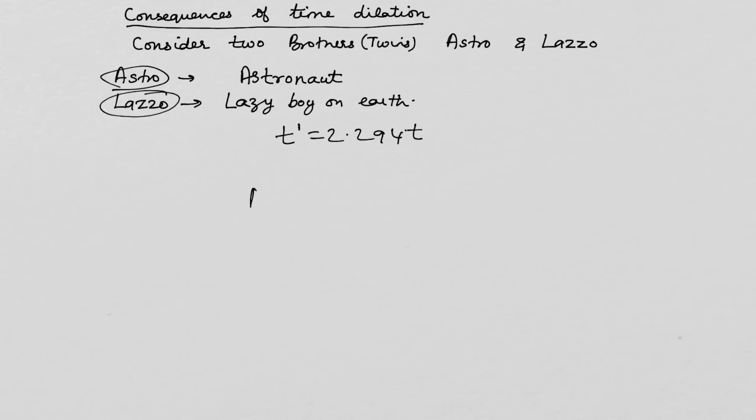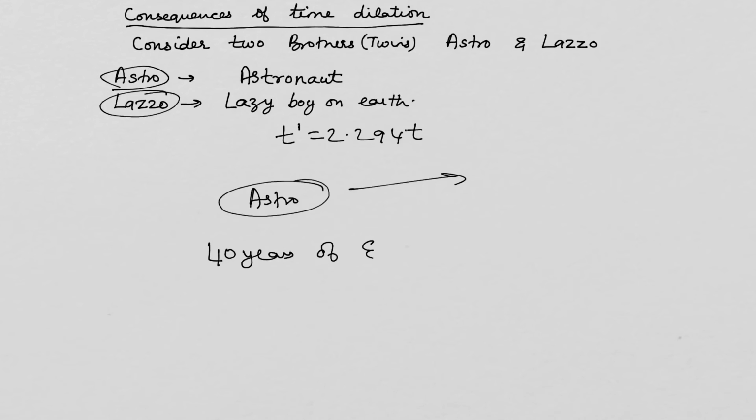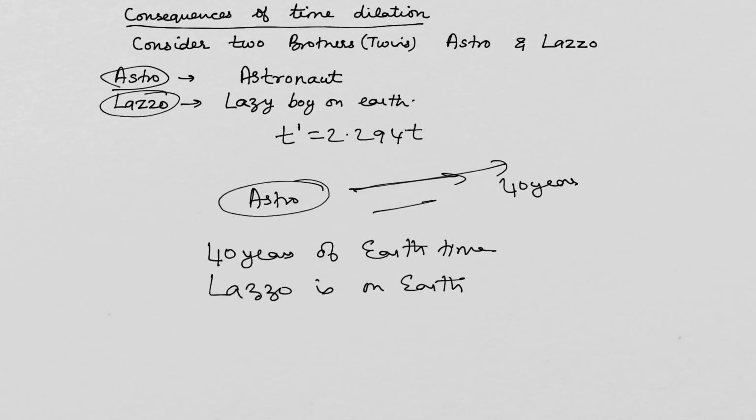Now this Astro takes a spacecraft and moves away and perhaps takes say 40 years of Earth time. That is, his brother Lazo is on Earth, whereas Astro goes for 40 years and comes back.